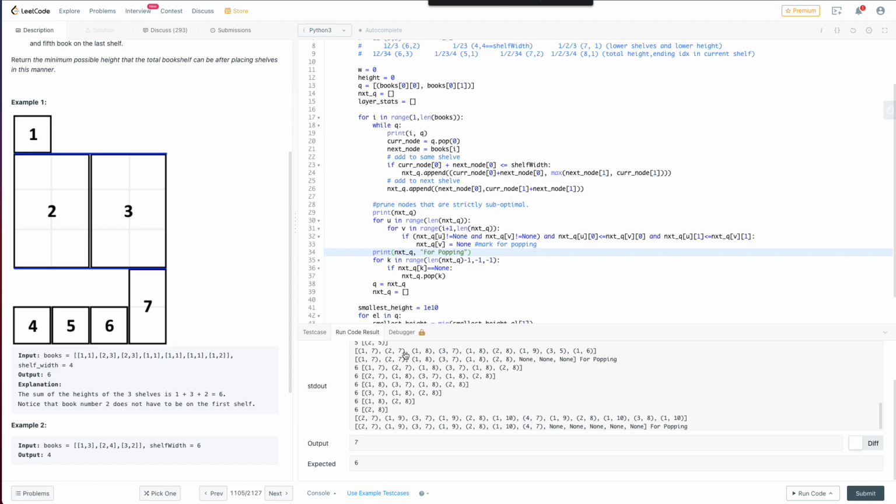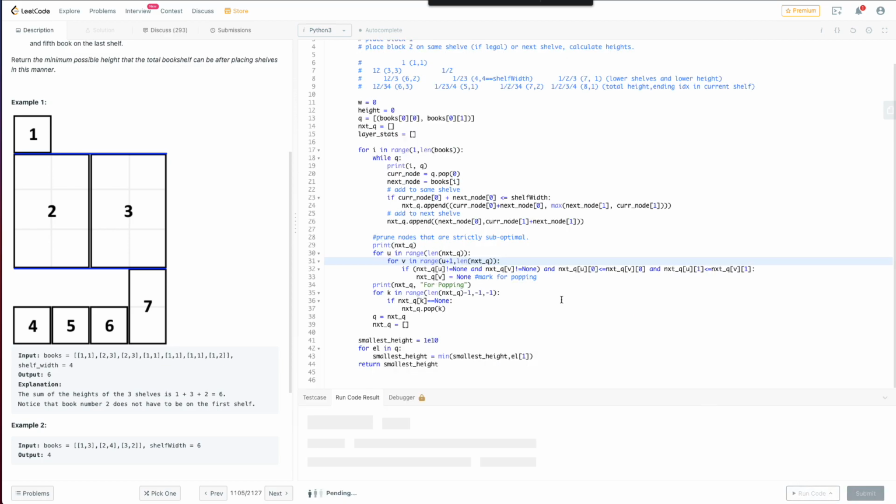I don't get it. Where's the bug here? You in range this. Oh, it's i. Okay, it's u plus 1. Yeah, that would corrupt the whole thing.